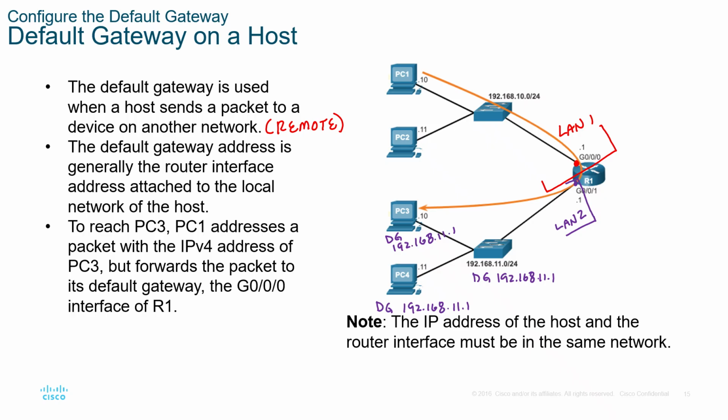PC 1, 2, and switch 1 on that side, or we'll call that switch 2 just to be correct, all have the same default gateway as well.